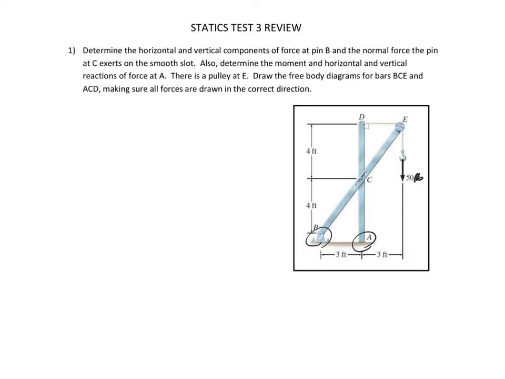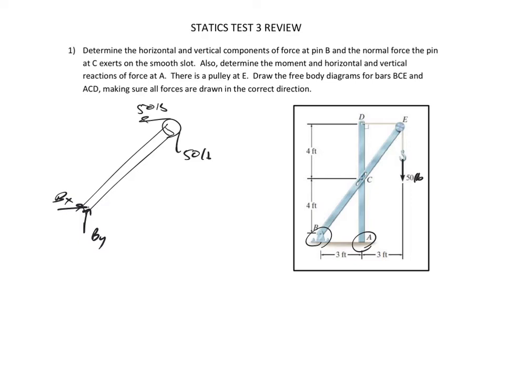But here, if you look at the free body diagram for BCE, we'll find that we have 3 unknowns. There is a BX and a BY. There is this pulley that has 50 pounds and 50 pounds.